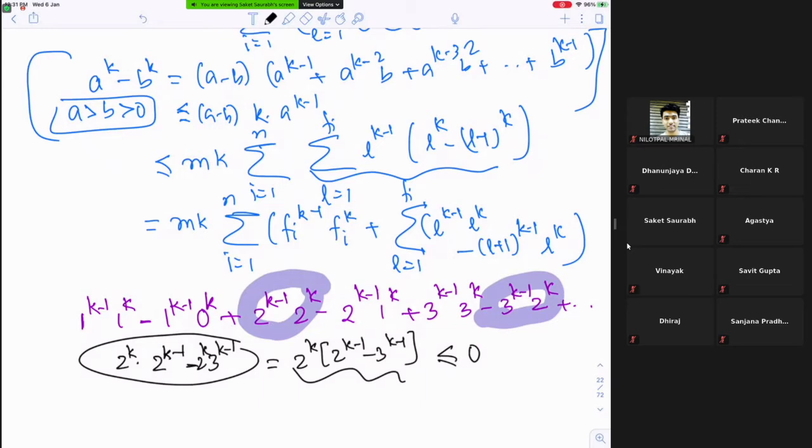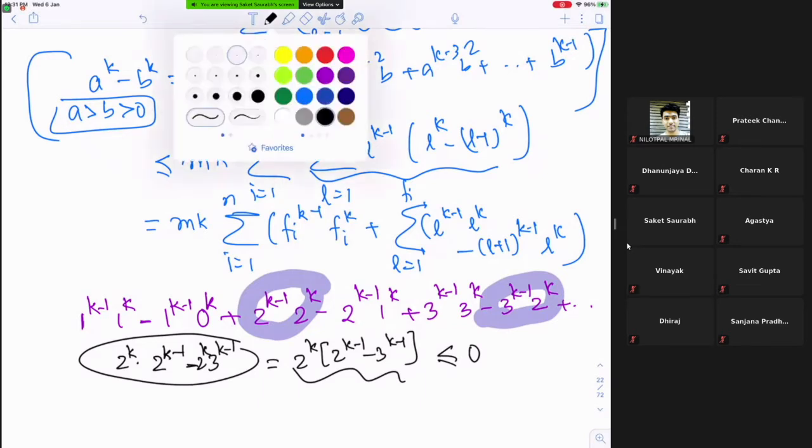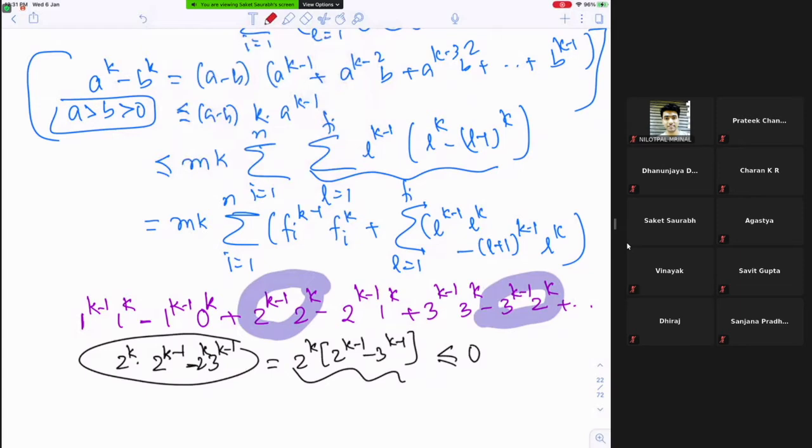So similarly, the term which will come here, you would group with the next term, and so on and so forth. Every other term, you pair them up such that the value is at most 0, which implies that this term here can be forgotten.